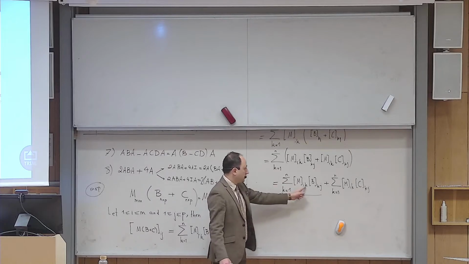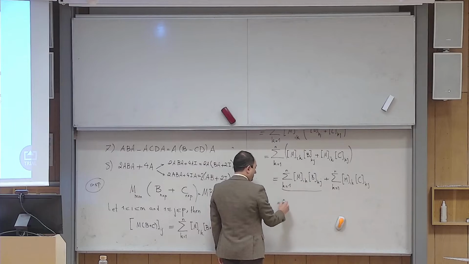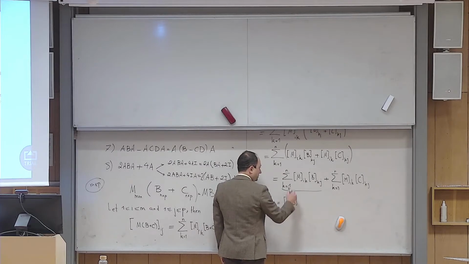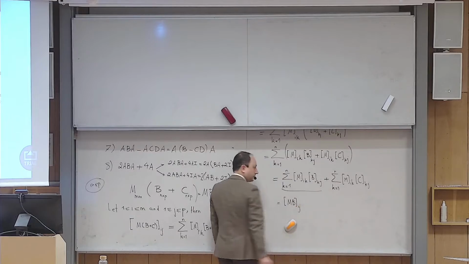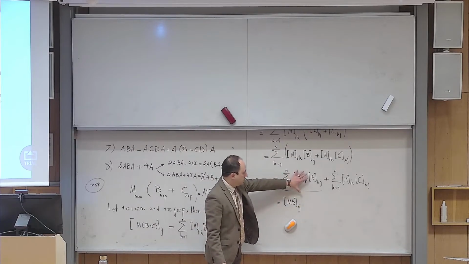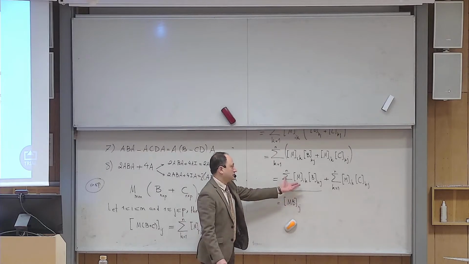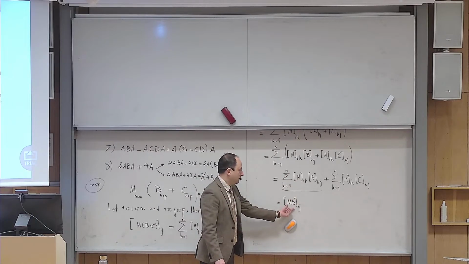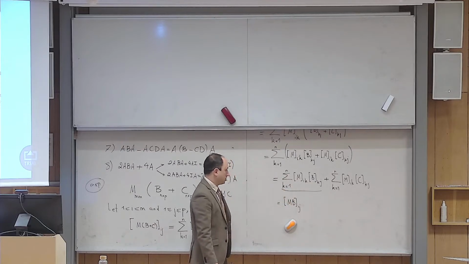What can I write for this? I can say that this is MB, which entry? The ij entry. Yes. So instead of this sigma, I wrote it like this. If you want, you can just do the reverse process. If I gave you this, you would be able to write it like this. Now I'm doing it the other way around.